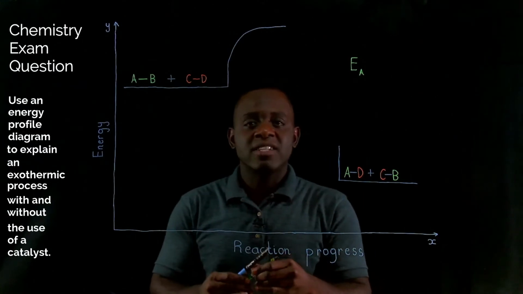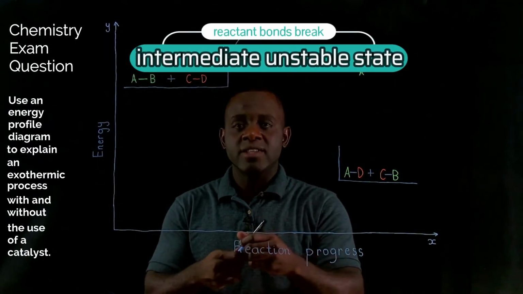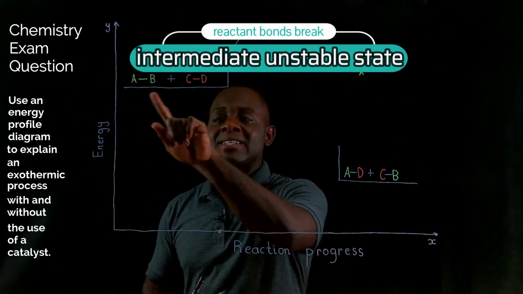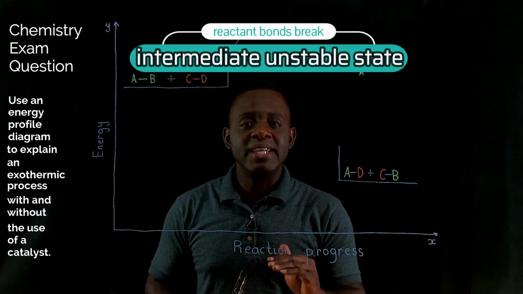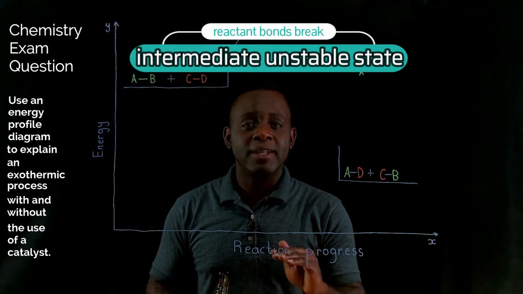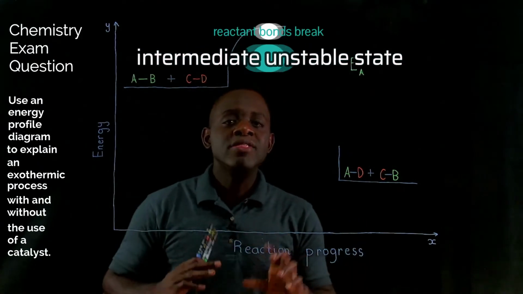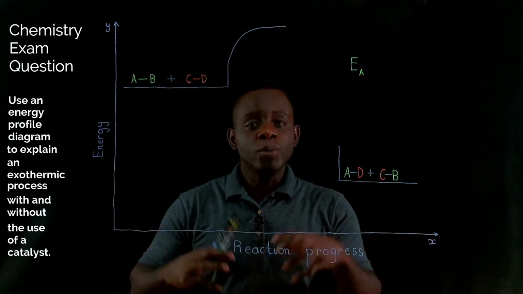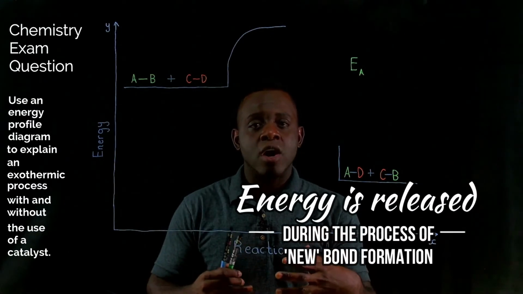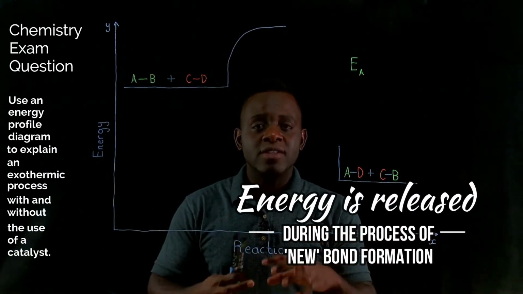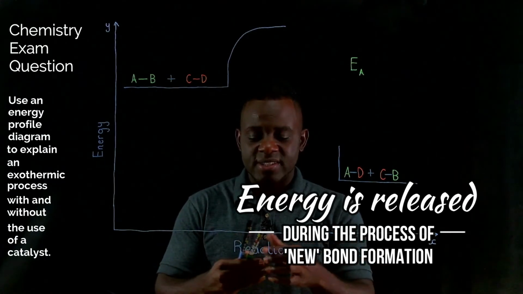This energy of activation will come into effect once the reactant particles are in an intermediate state of instability. Then the bonds will break. When the bonds break, new bonds will be formed, and during that process of formation of bonds to make the products, energy is released.